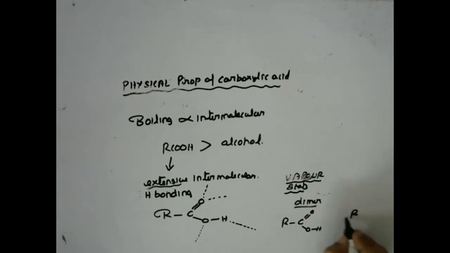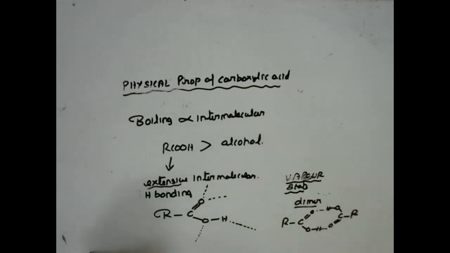Even when they go into the gaseous state, where the intermolecular force of attraction should be negligible, they still exist in the form of a dimer. They are not able to separate out completely, suggesting that in the liquid they had very highly extensive hydrogen bonding.